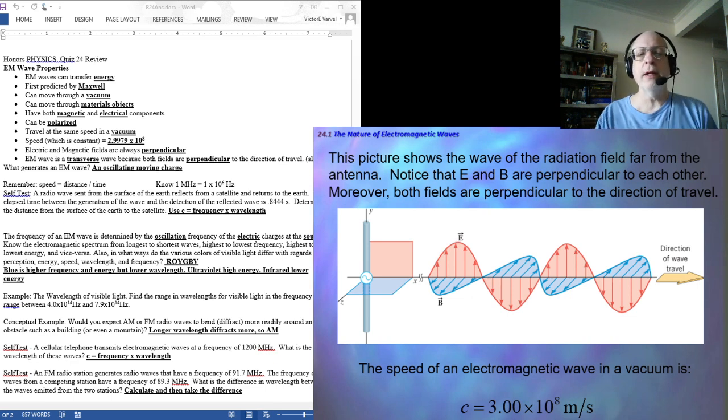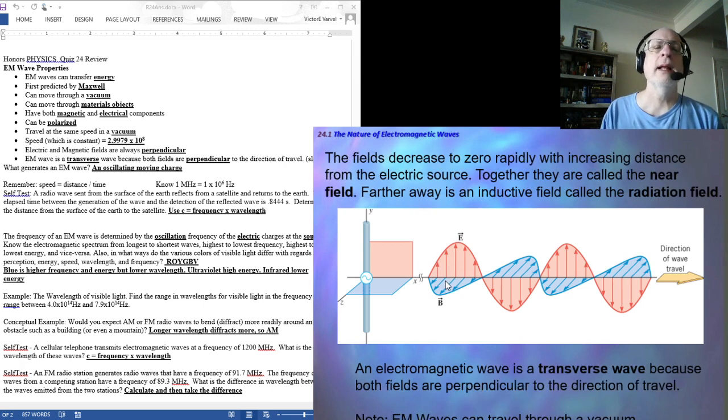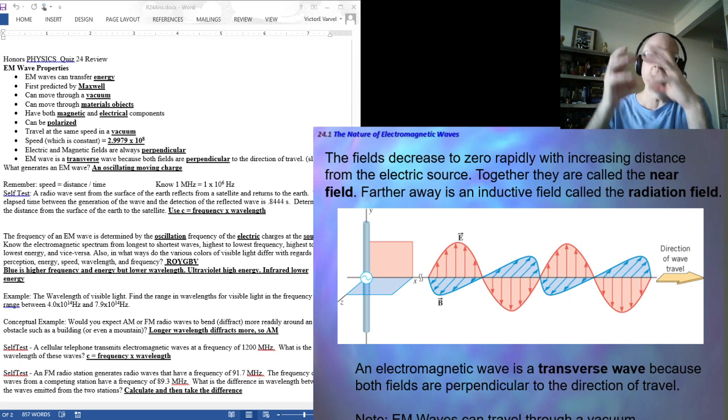And then lastly, we already know the speed of an electromagnetic wave in a vacuum is 3 times 10 to the 8th. Now, the fields decrease to zero rapidly as you get farther away. So here's the source. The farther away from this source I get, the more the field strength decreases. But I want you to remember the reason that the field strength decreases is, think about the surface area of a sphere.